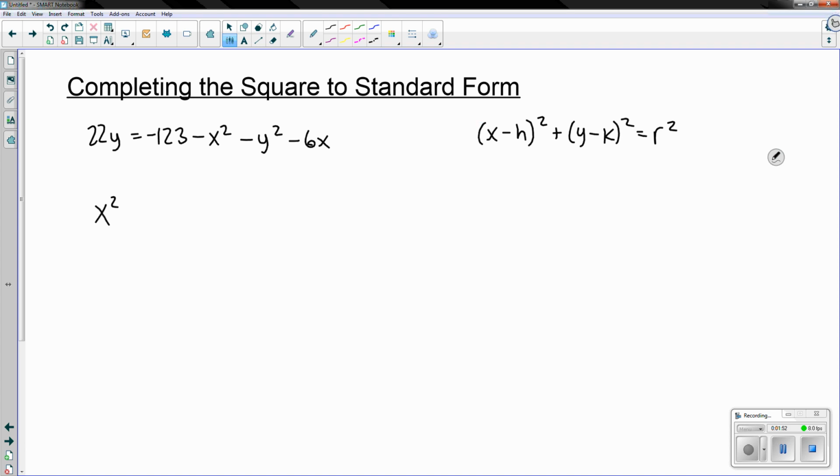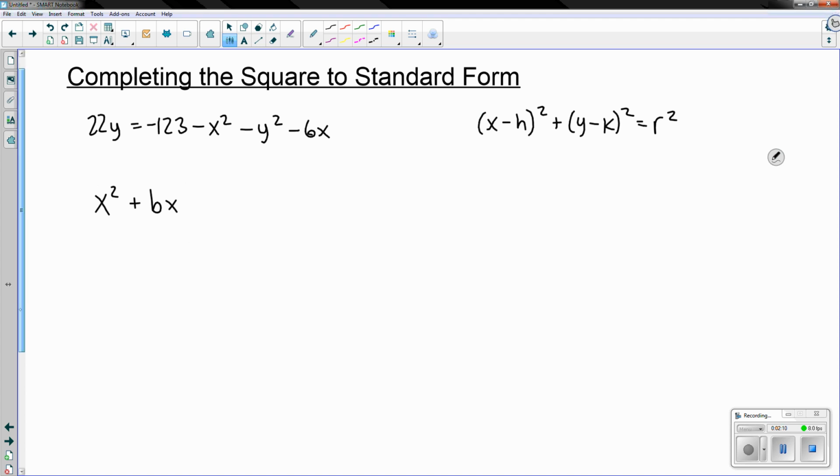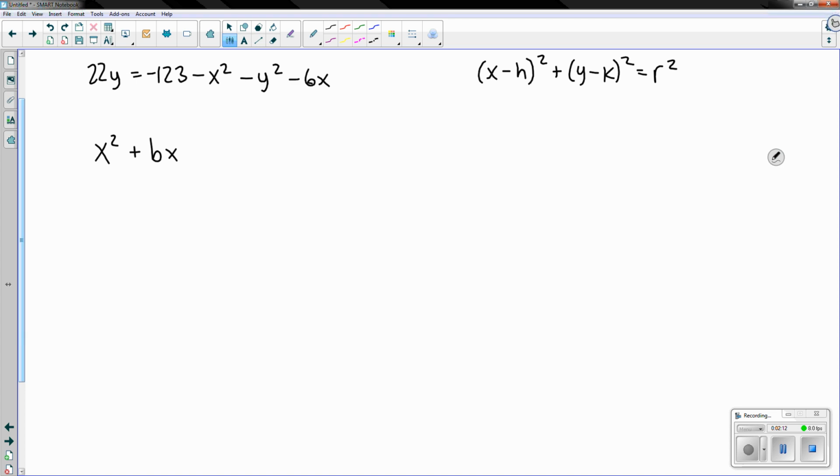So take some quadratic of the form x squared plus bx. What's important with completing the square is that the coefficient in front of the quadratic term must be a positive 1 for this to work. And we're going to look at this again from its geometric perspective, where x squared looks awfully similar to the area formula for a square of side length x.